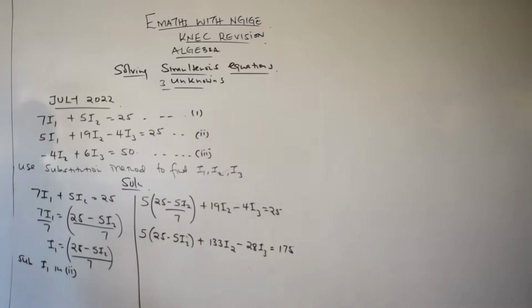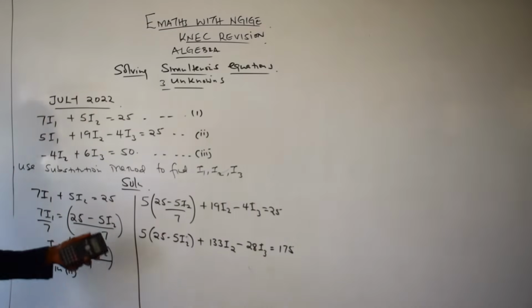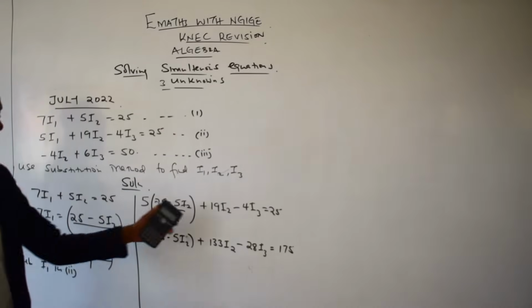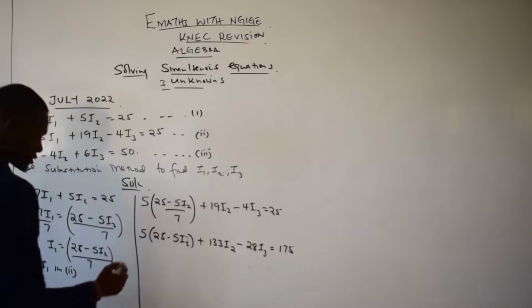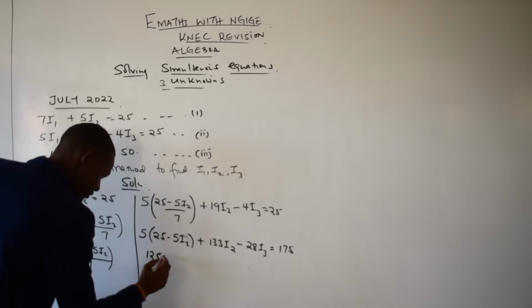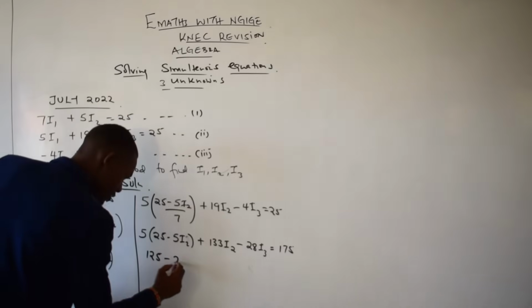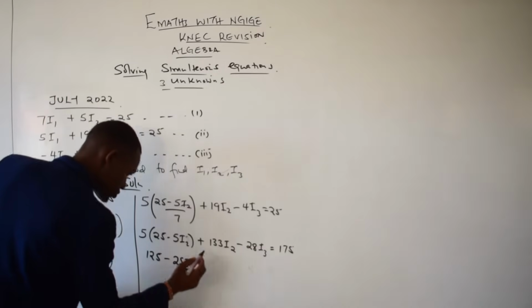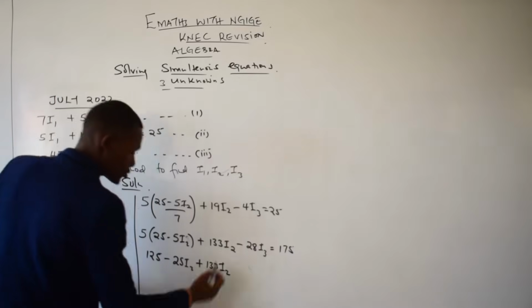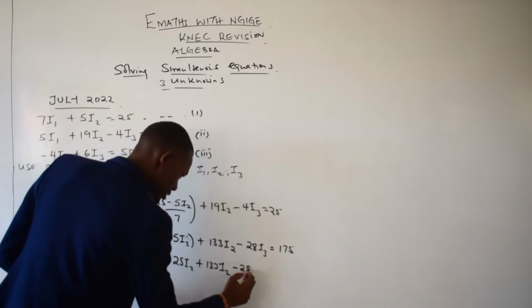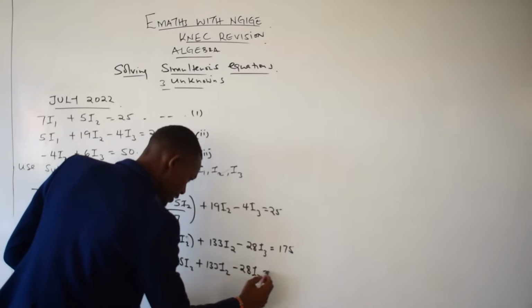So we have just eliminated the denominator so that we can only have numbers in the numerator. Now opening up the brackets, 5 times 25 gives you 125, minus 5 times 5 gives you 25 I2, then plus 133 I2, then minus 28 I3 equals 175.